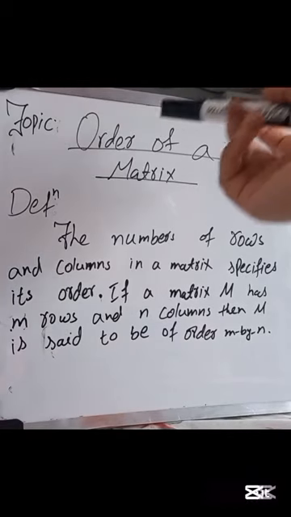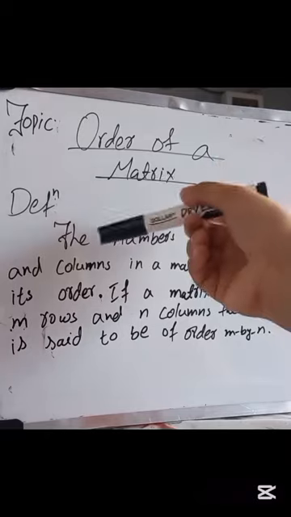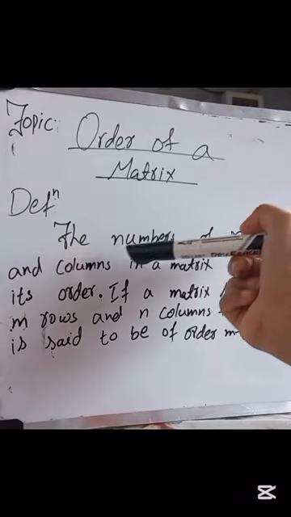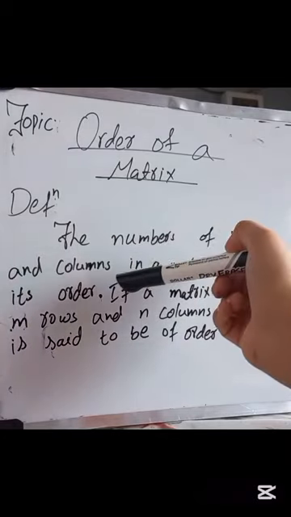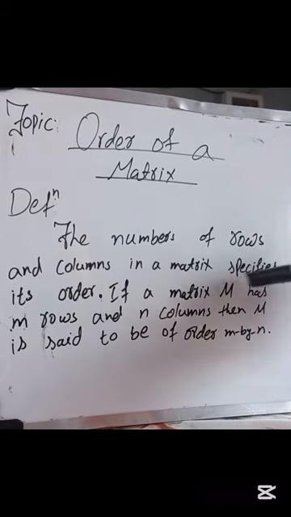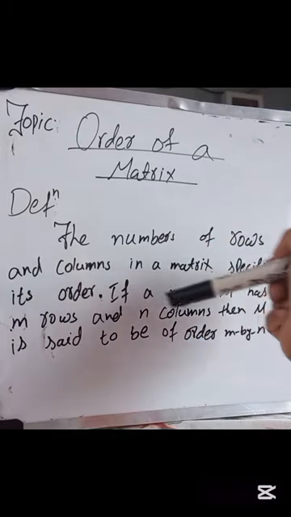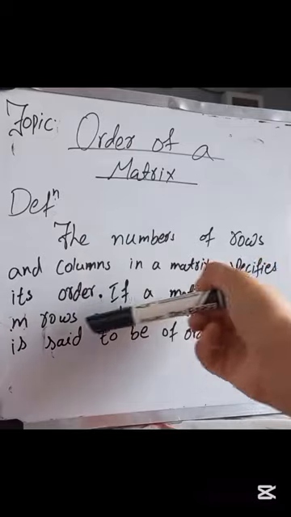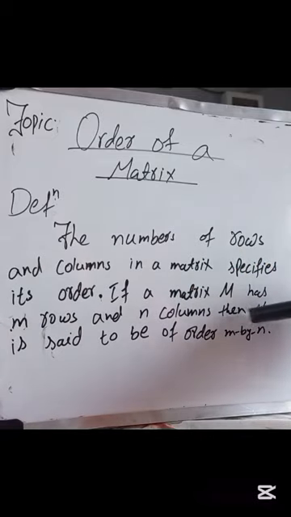Now we have the topic, order of a matrix. Its definition: the number of rows and columns in a matrix specifies its order. If a matrix M has m rows and n columns, then M is said to be of order m by n.